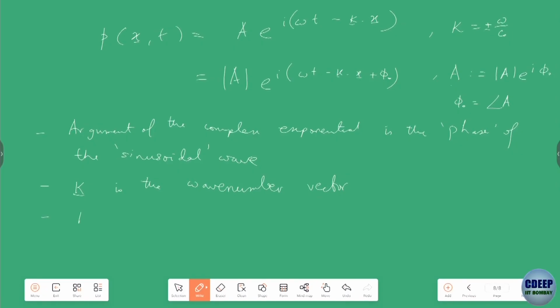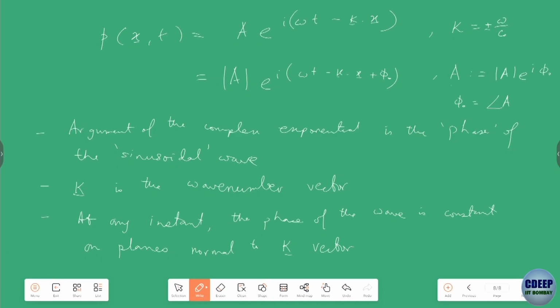So at any instant, the phase of the wave is constant on planes normal to kappa vector.